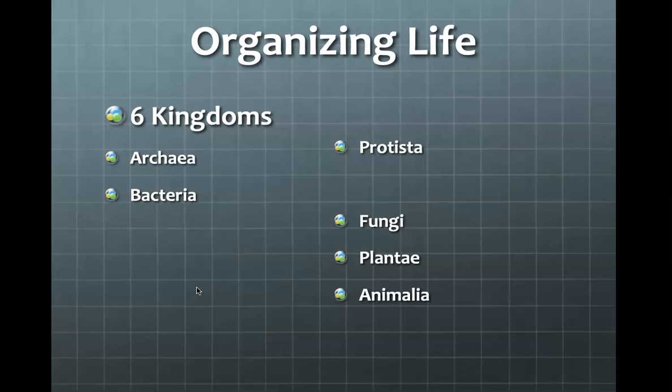So they've got the cell structure and all that set up with them. The fungi, however you want to say it. Plantae, AE is pronounced A. And Animalia. So anything and everything that's alive can fit into one of these six categories, which we call kingdoms.